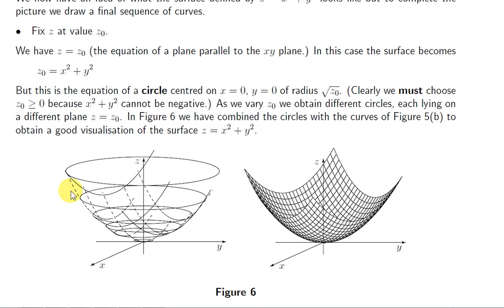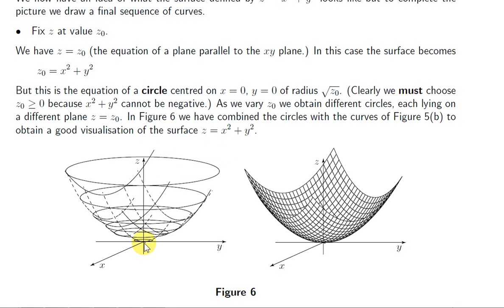So the planes that are parallel to the xy plane will intersect the paraboloid at circles, and the radius of those circles depends on z0. So the bigger the value of z0 is, the bigger the radius. The radius is the square root of z0.